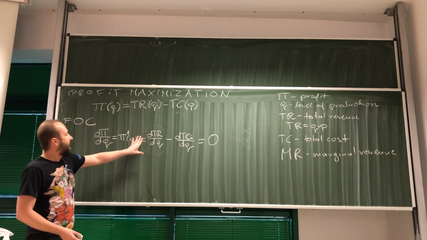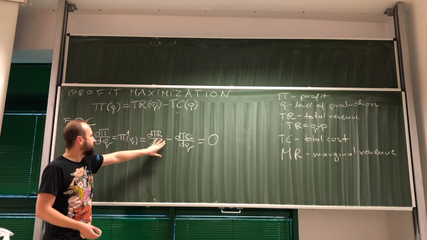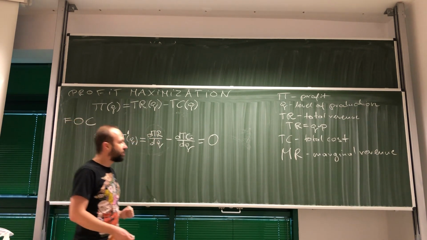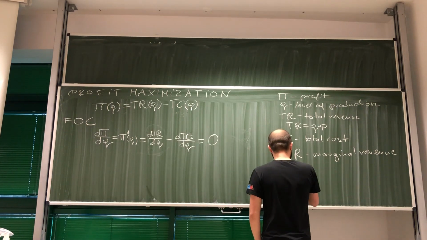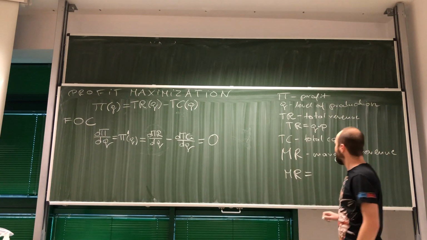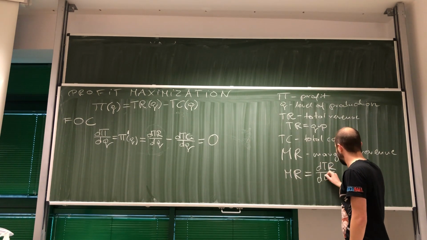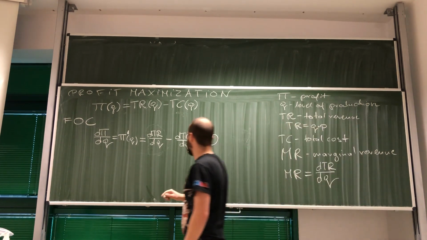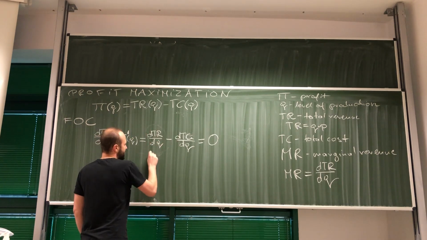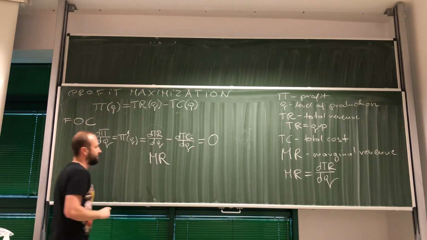So, actually, as it turns out, the first derivative of total revenue is marginal revenue. So look, what we get over here is simply marginal revenue.